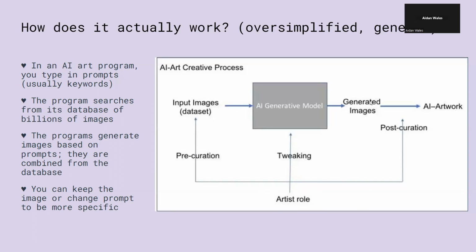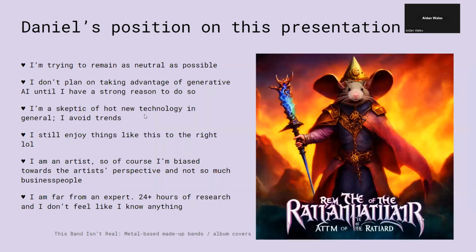And then out come generated images, usually four at a time. And then you pick from that basically. Okay, again, this is very oversimplified, but this is kind of all you need to know for right now.